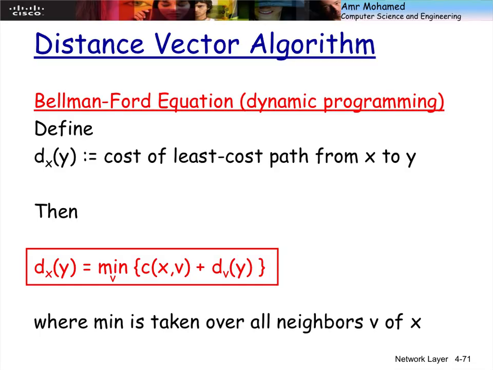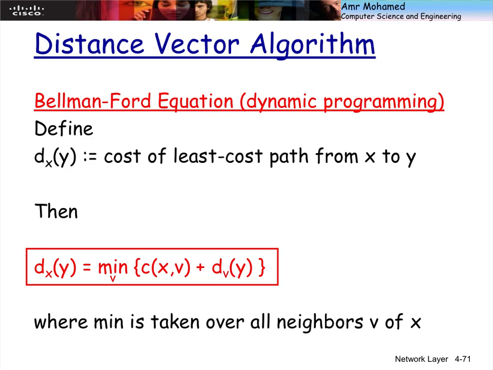So the idea is very simple. Bellman-Ford tries to maintain a greedy approach. He would say, okay, as a node, you have the cost for the directly connected links, so you have the cost from X to all the neighboring nodes. No problem. And then you receive some vector of distances from the neighboring nodes.